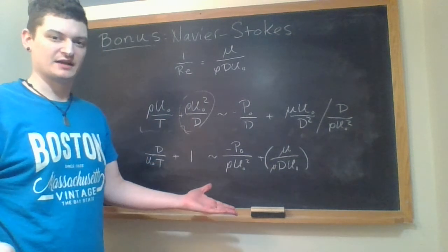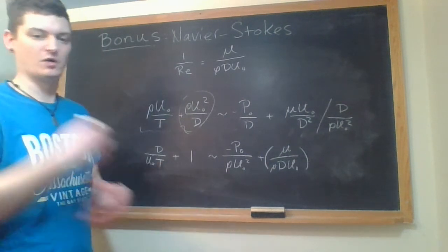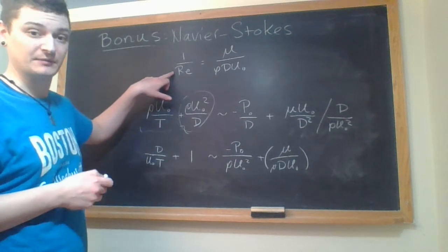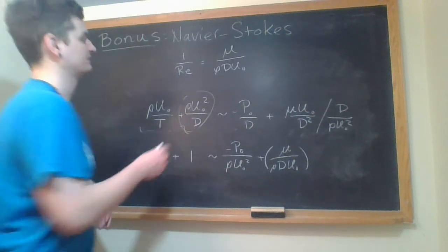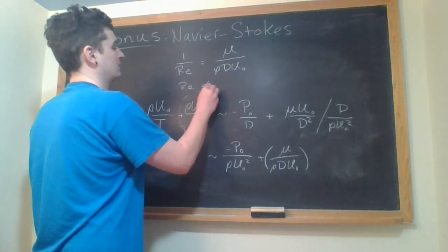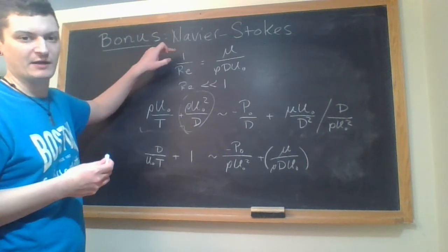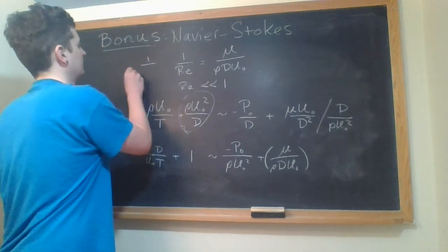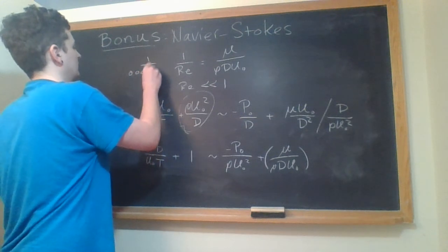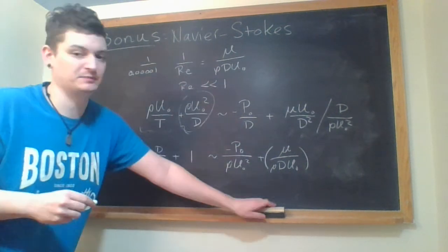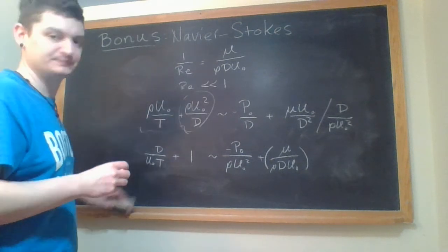So now you can kind of see this whole concept of large or small Reynolds numbers. If the Reynolds number is very, very small, so sometimes people will say Reynolds number much, much less than 1, think about taking 1, dividing it by a very, very small number. This term then explodes and becomes very important.